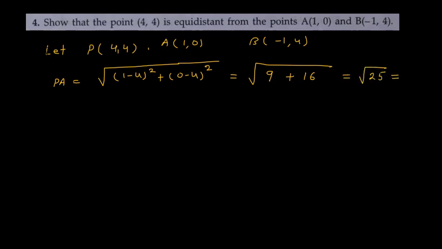So this is root 25, and this root 25 is 5. So PA distance is 5. Similarly, PB, by distance formula, PB is equal to root of minus 1 minus 4 the whole square plus 4 minus 4 the whole square.